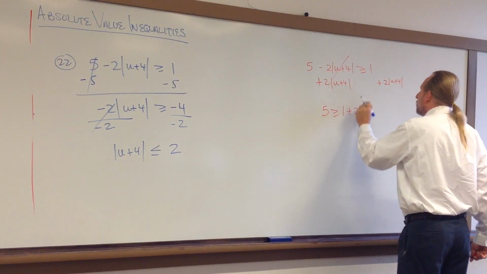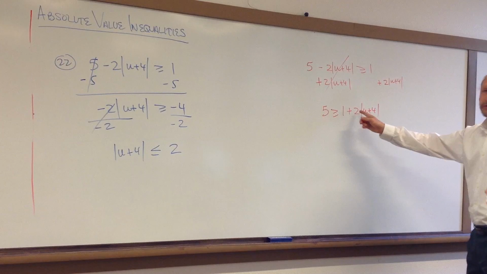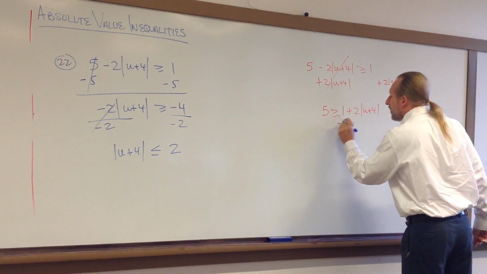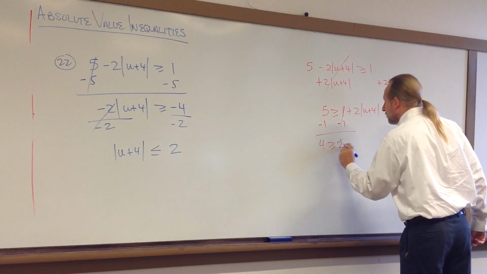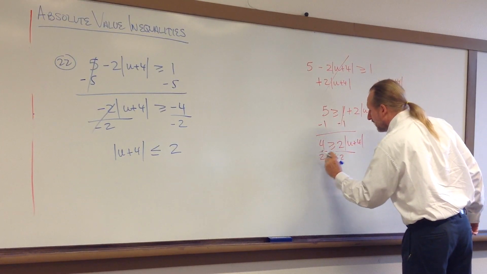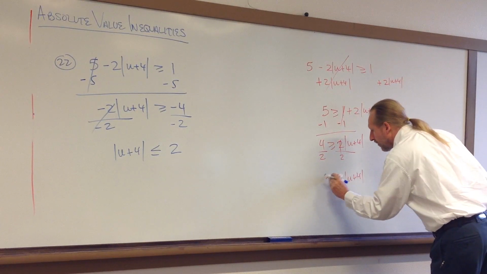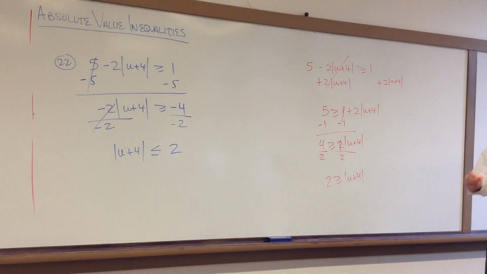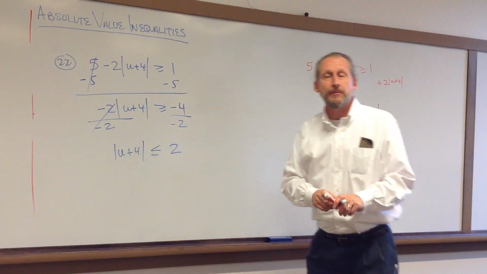This will be 1 plus 2 times absolute value u plus 4. And again, please don't try to add these numbers together. What we want to do is move that 1 over to the other side. And then we can divide on both sides by 2. And we get the same thing. Absolute value of u plus 4 less than or equal to 2. Okay, so however you go about it, it doesn't matter because you end up in the same place.